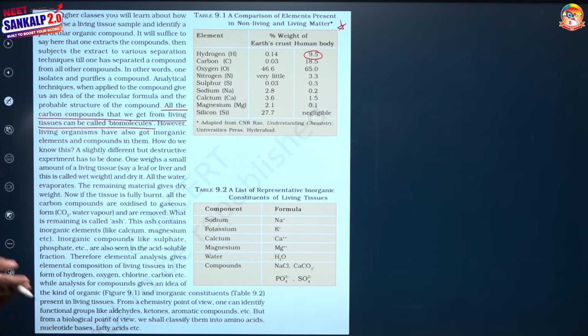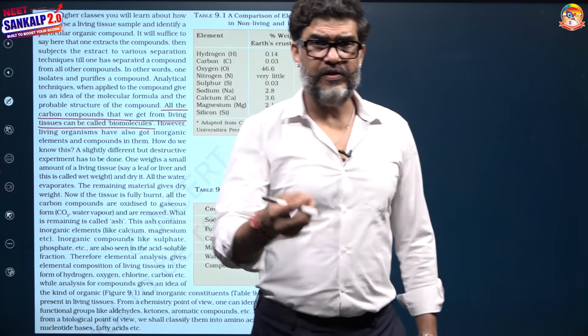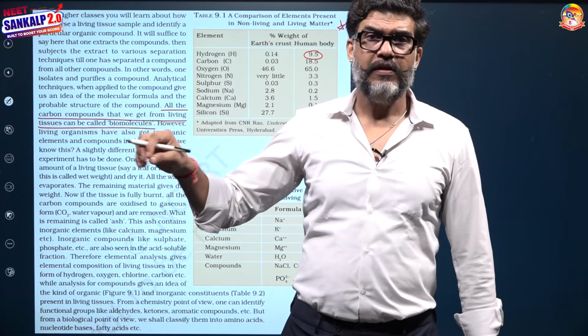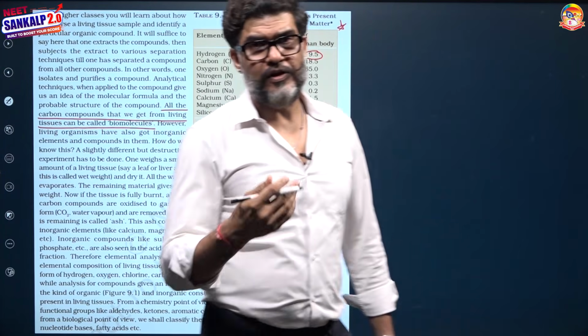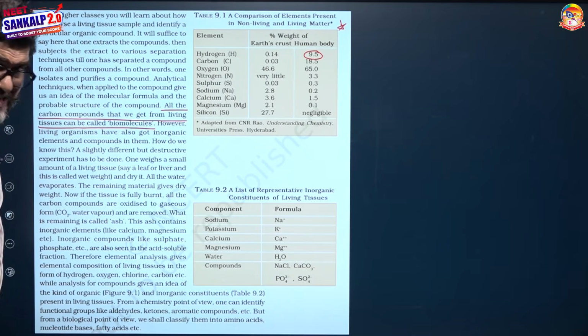The second thing is dry weight and fresh weight. When we take a plant leaf and weigh it, it is called fresh weight. With the help of an oven, when we dry it and weigh it again, that is called dry weight. Ash analysis can also be carried out.